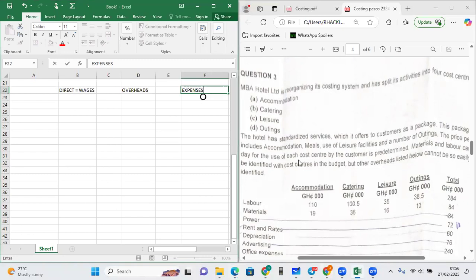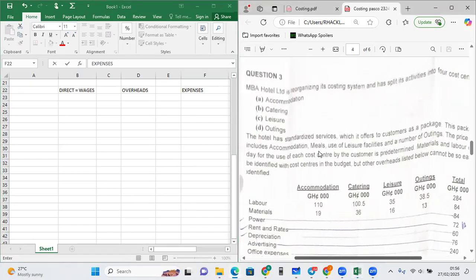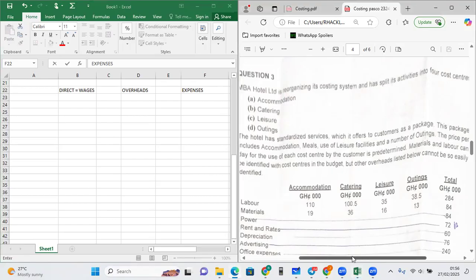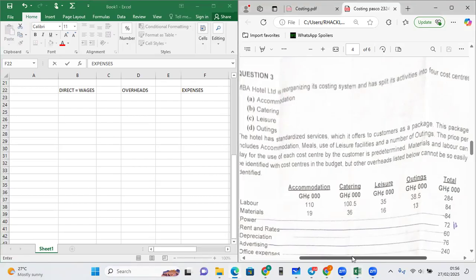Question 23. MBU Hotel Limited is reorganizing its costing system and it has split activities into four centers. So it has four core centers: accommodation, catering, leisure, and outing.